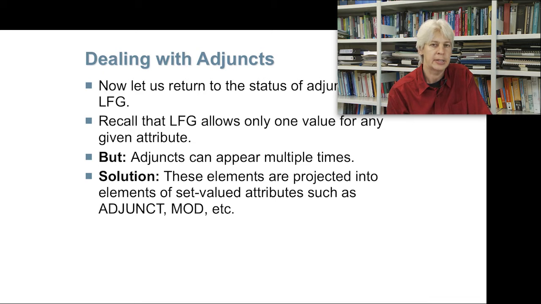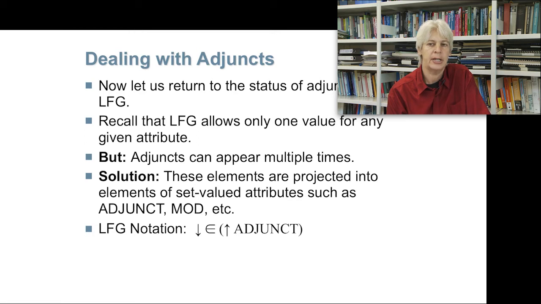Well, what I've already shown you is that the solution is that these elements are projected into set-valued attributes, such as adjunct, and we've also introduced things like mod for compounds. So we have several of these types of set-valued attributes that you can define. You can see which ones you need. For now, we'll be working with adjunct.